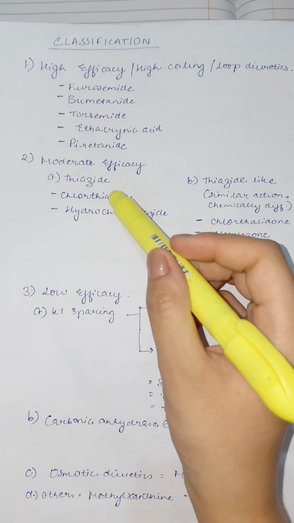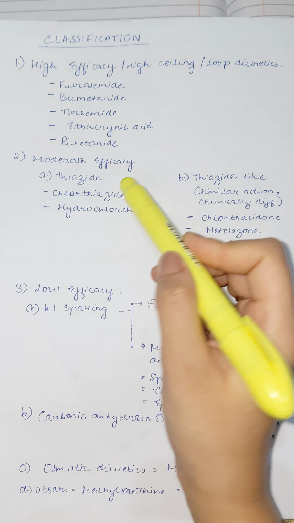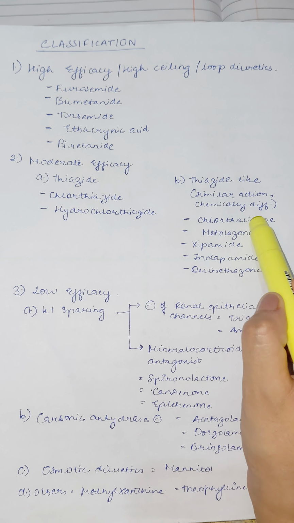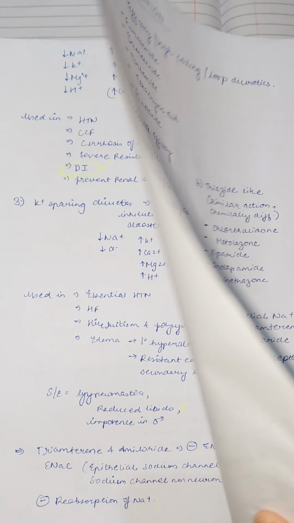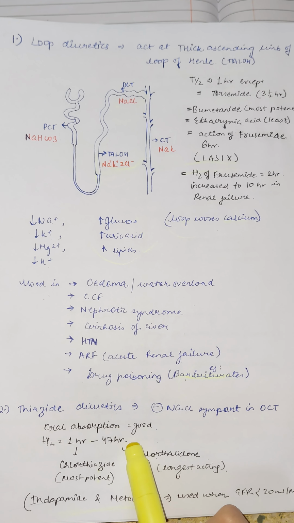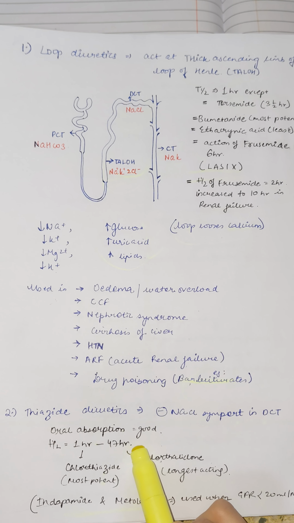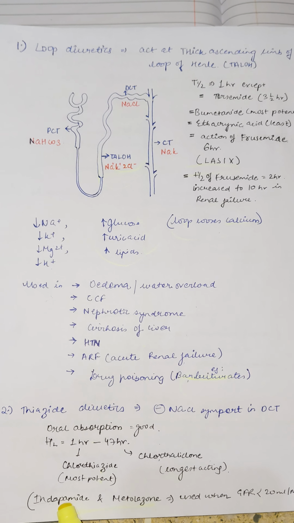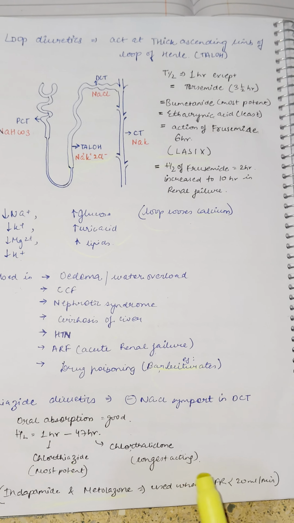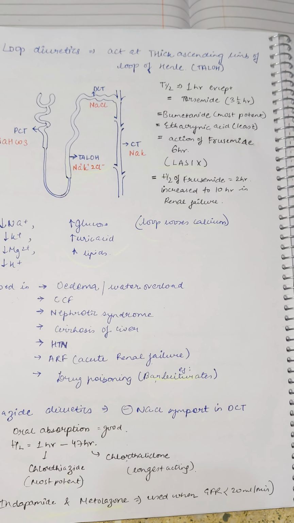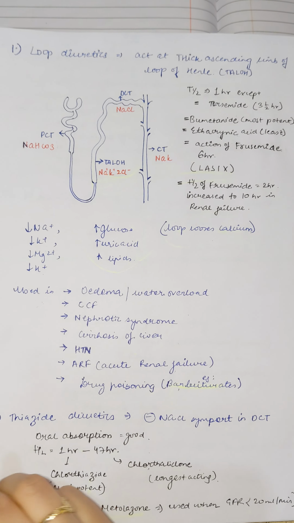Yesterday we discussed that thiazides include chlorothiazide and thiazide-like drugs include chlorthalidone. Chlorthalidone has the longest acting property due to the longest T half. Indapamide and metolazone are used when GFR is less than 20 ml per minute, that is, in cases of renal failure.